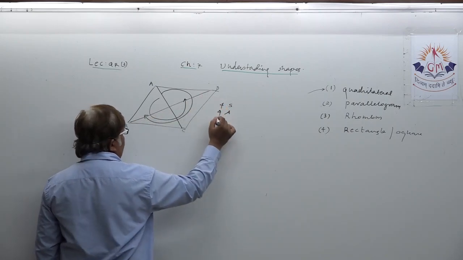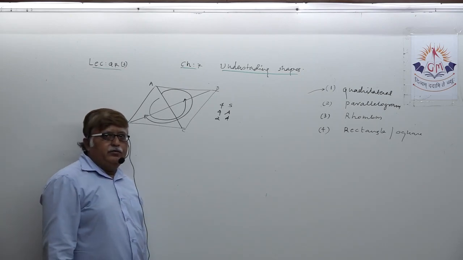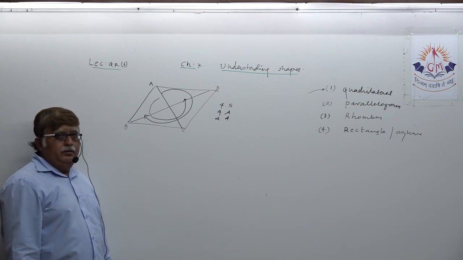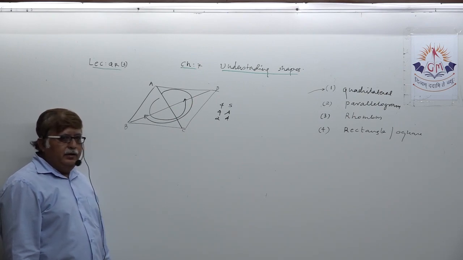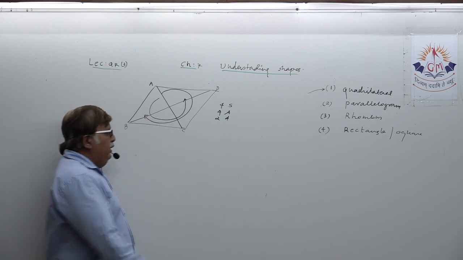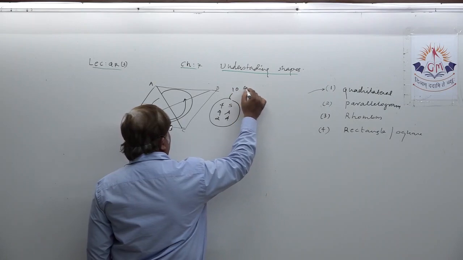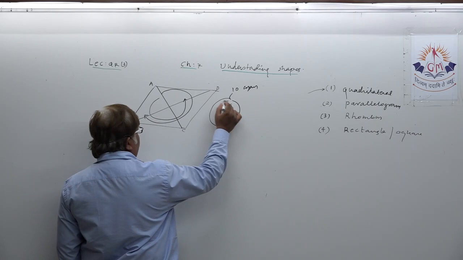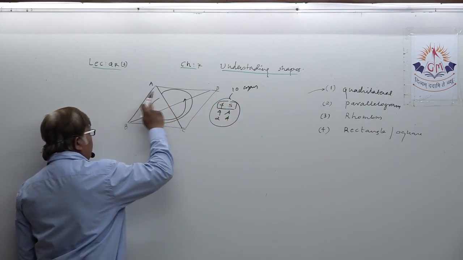Let us draw the 2 diagonals. That means a quadrilateral has a total of 10 parts: 4 sides, 4 angles and 2 diagonals. So in short, a quadrilateral has 10 organs.